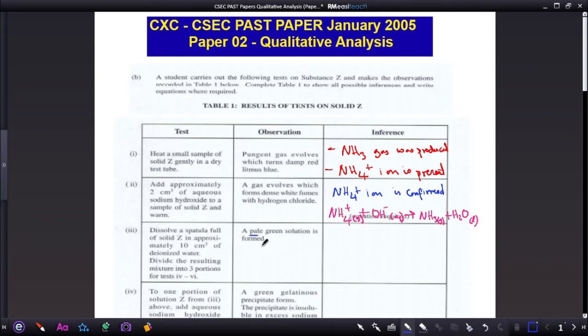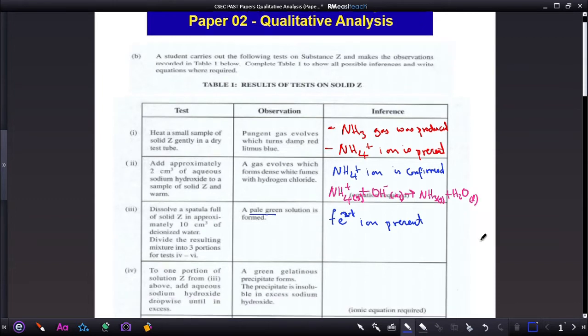The mere fact that we saw a pale green solution means iron 2+ is present. So the iron 2+ ion would be present because iron 2+ forms a green solution when added to water or other mixtures such as sodium hydroxide and aqueous ammonia.